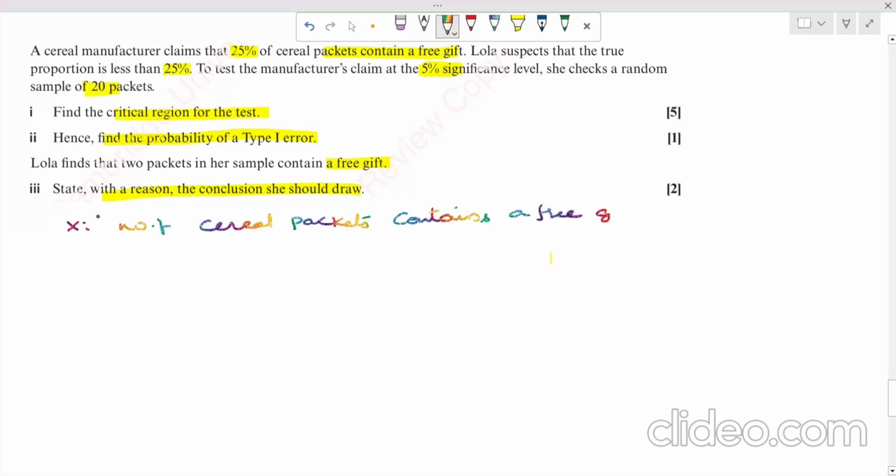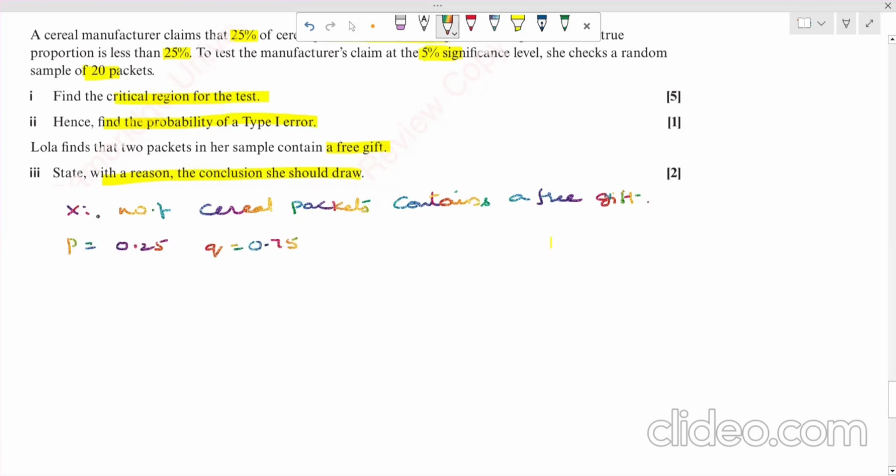Now the p value will be 25%, which means 0.25, and q will be 0.75. He has given that the suspected true proportion is less than that. So first, if you write the hypotheses, H naught is p equals 0.25, and the alternative hypothesis is p less than 0.25. It is a lower tail test.